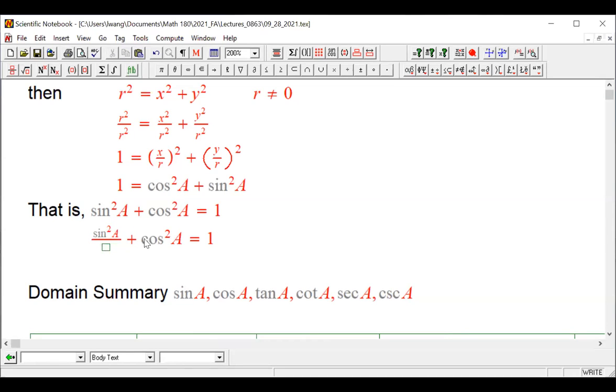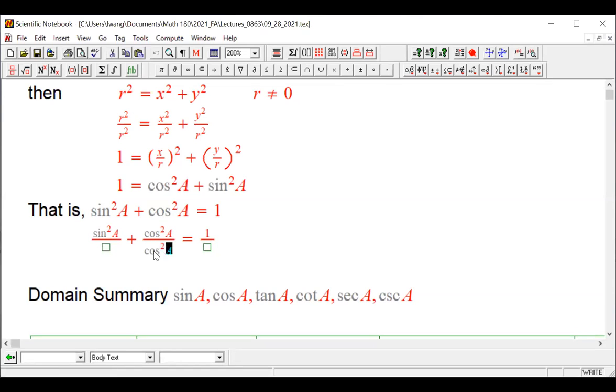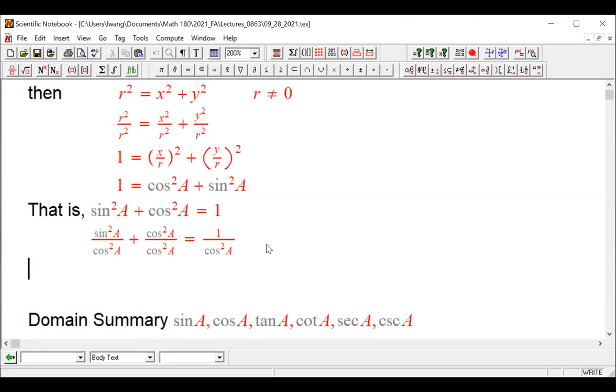You're going to divide by cosine squared of A. You divide by the same quantity on every piece, provided that quantity is not 0, cosine A is not 0. And this will give you tangent squared A plus 1 equals, what is this? Secant squared.